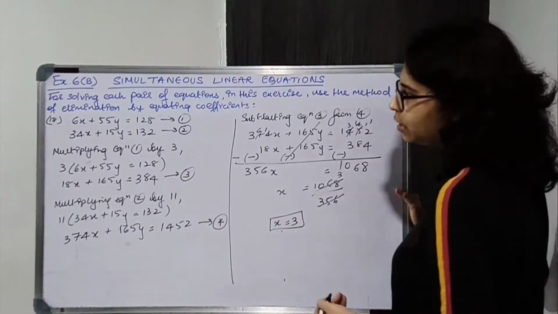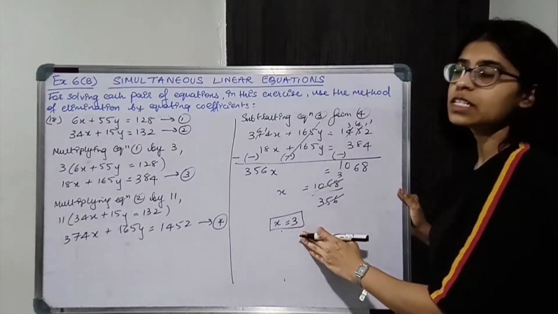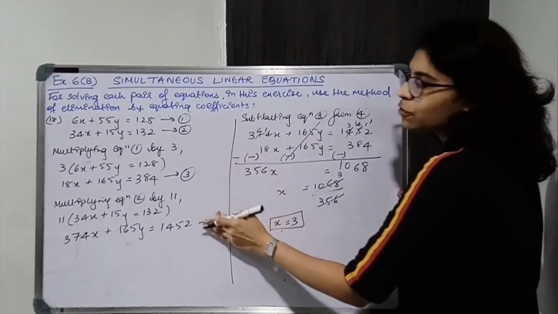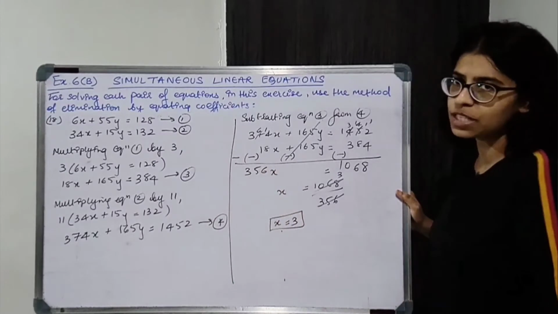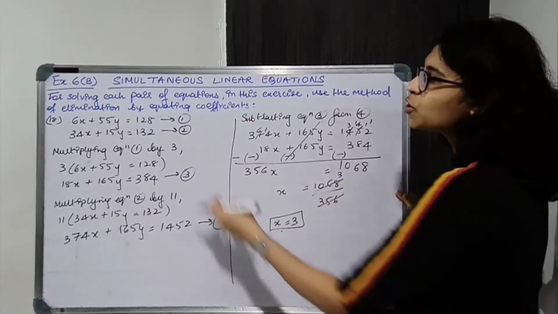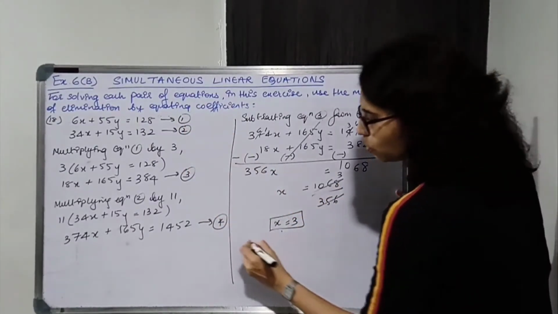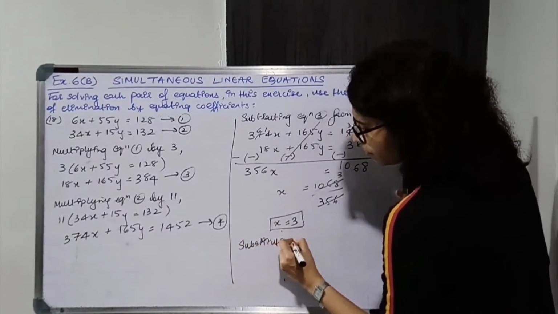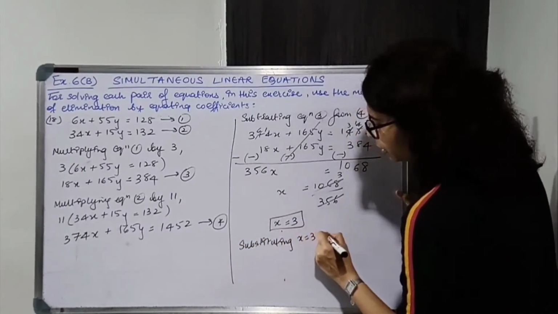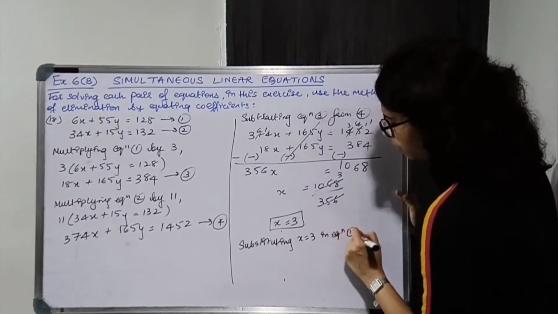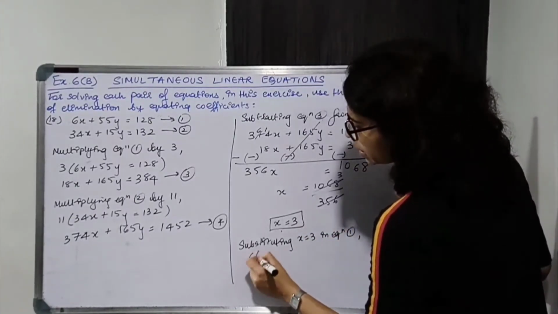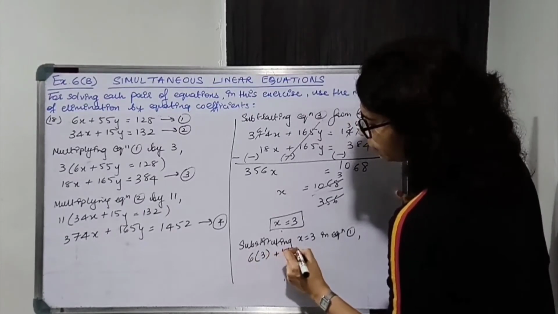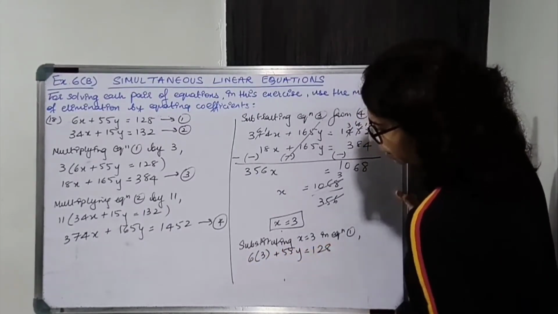Now the value of y. Substitute this value in any of the equations 1, 2, 3, 4. You can substitute in any of them. I will substitute in 1. Substituting x equal to 3 in equation 1: 6 into 3 plus 55y is equal to 128.